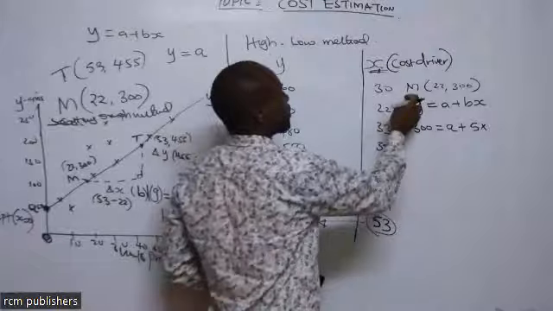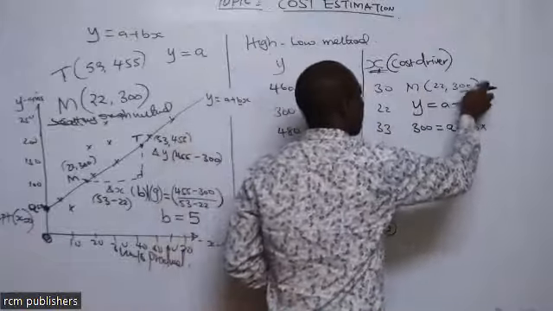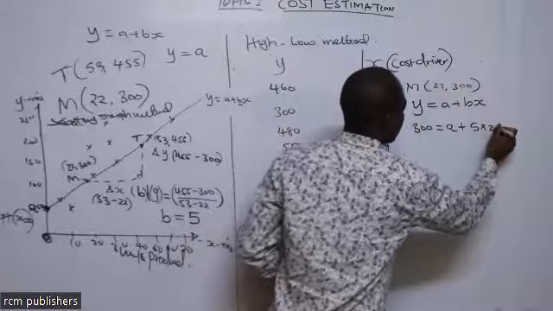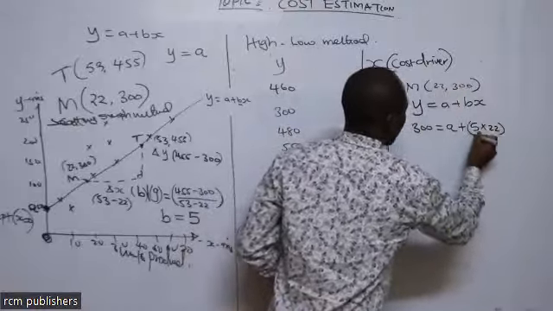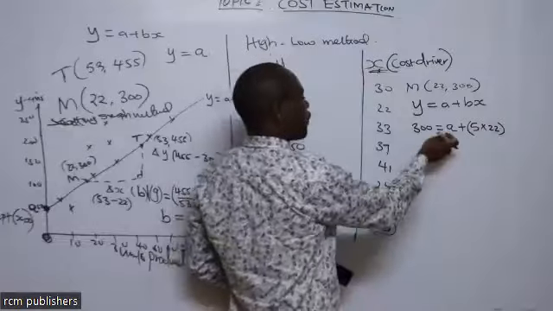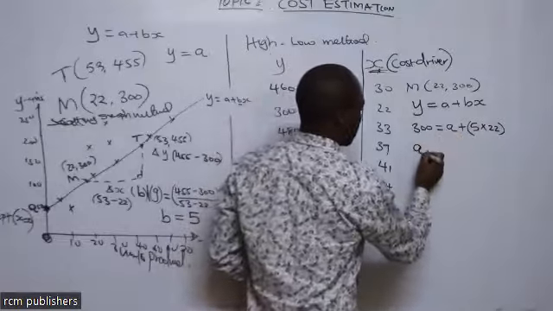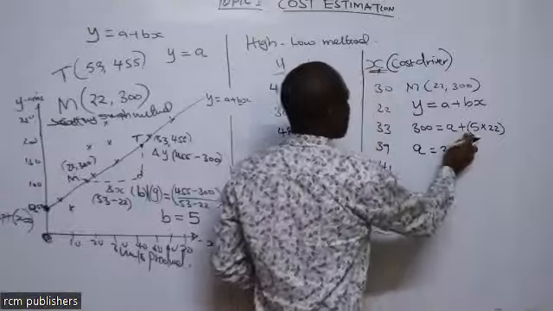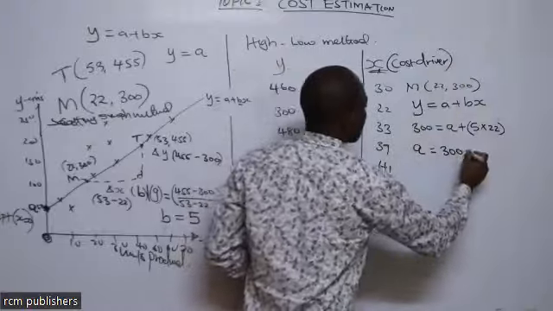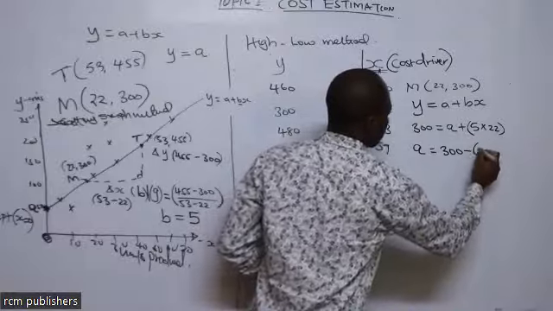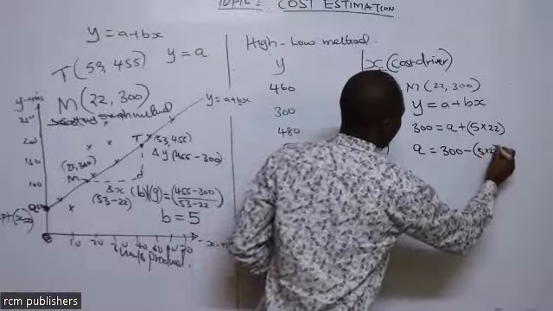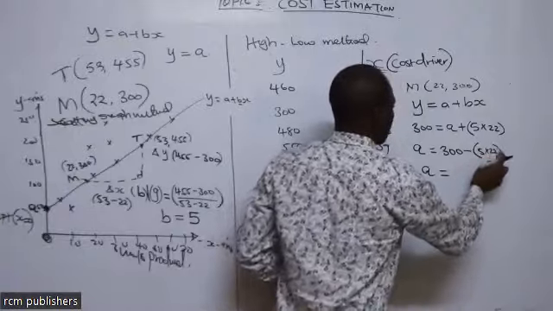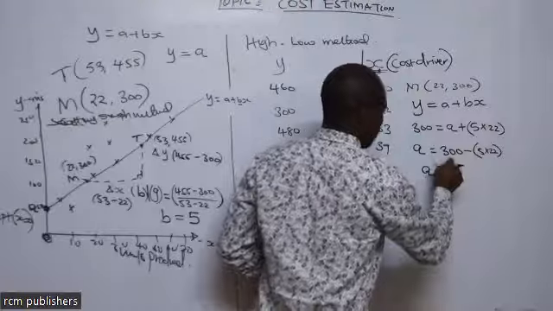What is our x in this particular coordinate where we got the 300? It is 22. So we multiply by 22. It means for us to get the value of a, we will say a is equal to 300 minus 5 times 22. So the value of a is therefore equal to 5 times 22 subtracted from 300.